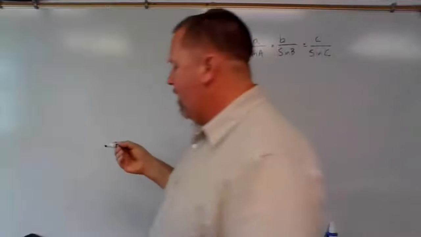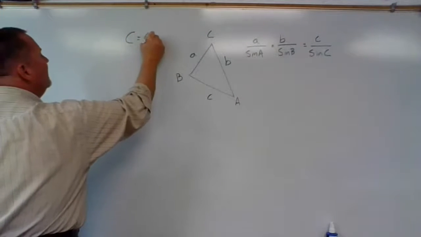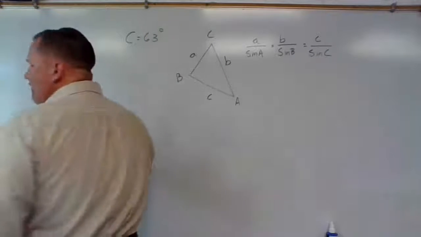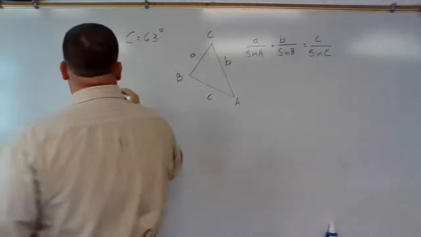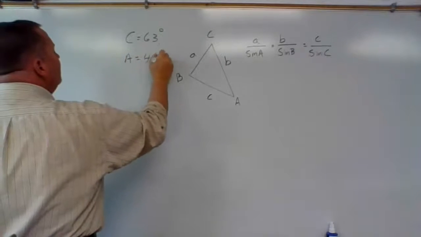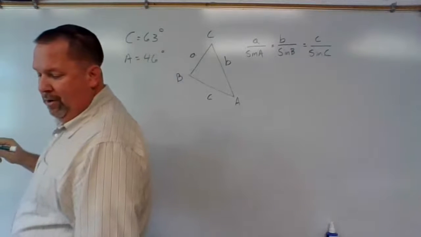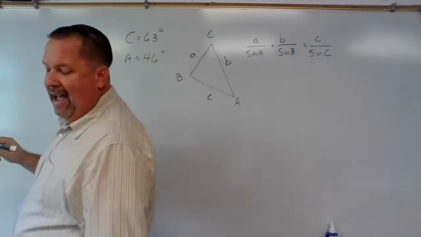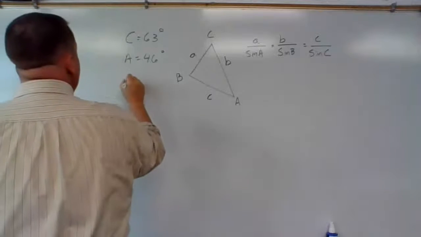I might label it on the triangle too. So angle C is 63 degrees. I'm told that angle A is 46 degrees. And I am also told that side C is 56 inches.